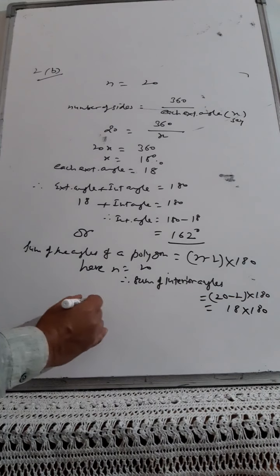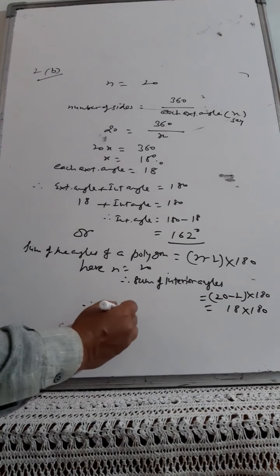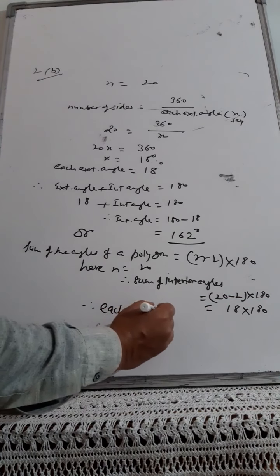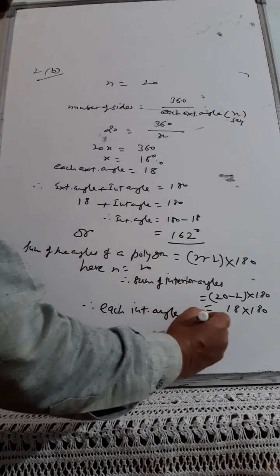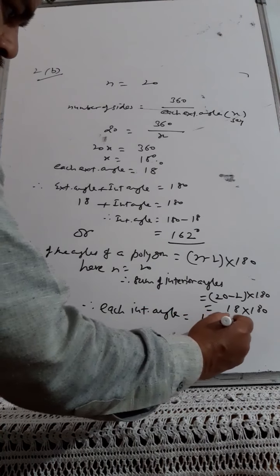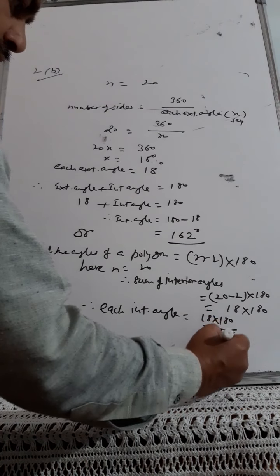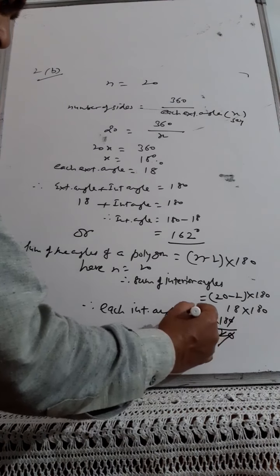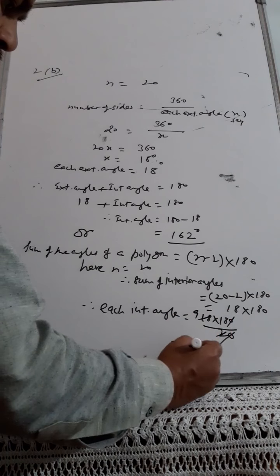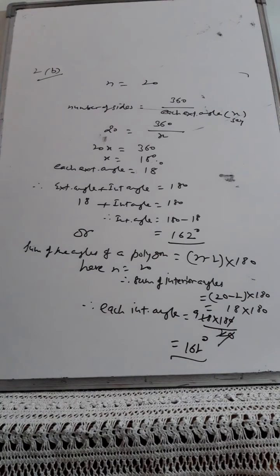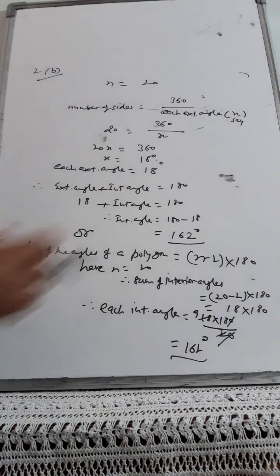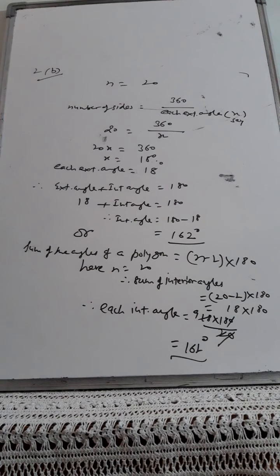So for each interior angle, you can do 18 into 180 divided by the number of sides, that is 20. Two 9s are 18, and again you will get your answer, 162 degrees. Either you go this way or this way, your answer will be the same. So I don't think any issue should be there.